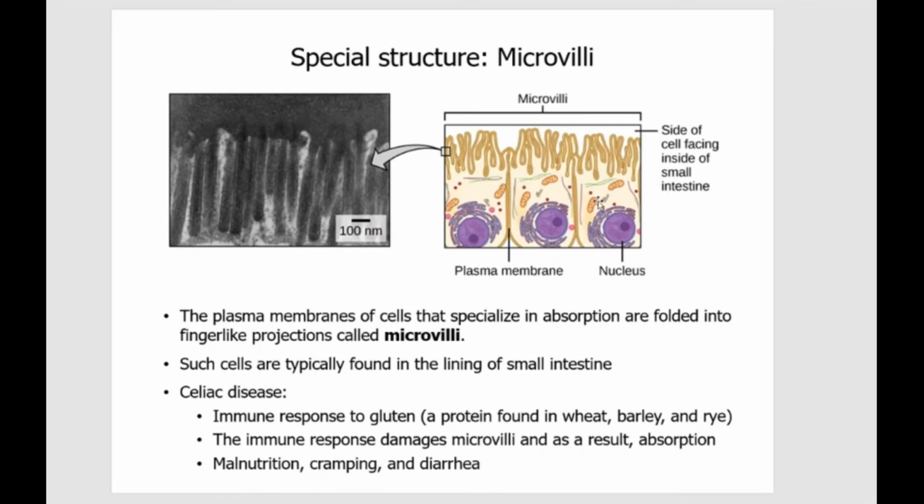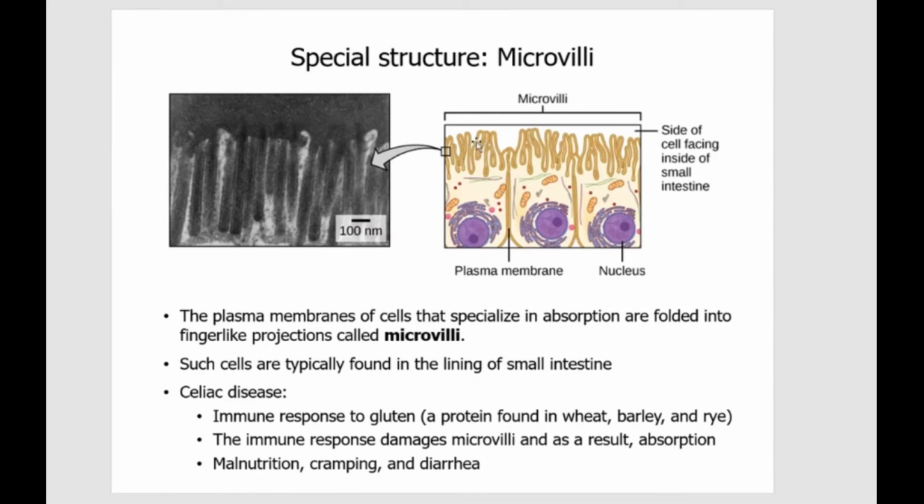These microvilli are very important because they maximize the surface area for these intestinal cells to come into contact with the food that you ingest. On these microvilli, you have digestive enzymes, and this is also where the broken down macromolecules become nutrients like glucose or fatty acids.